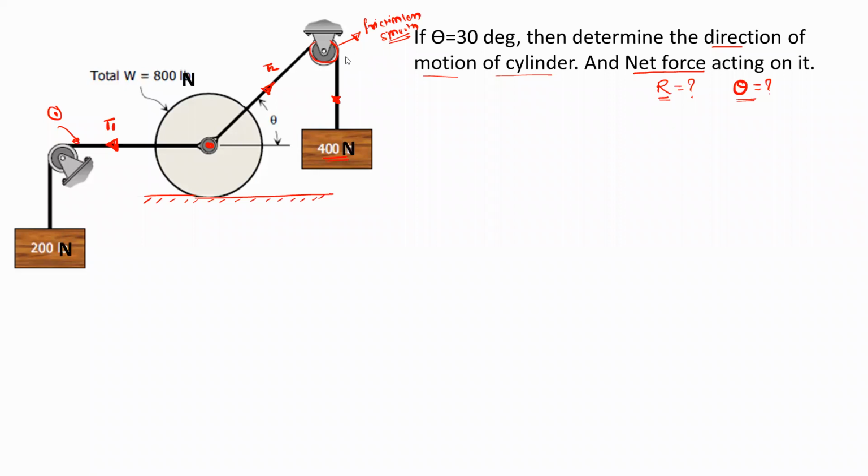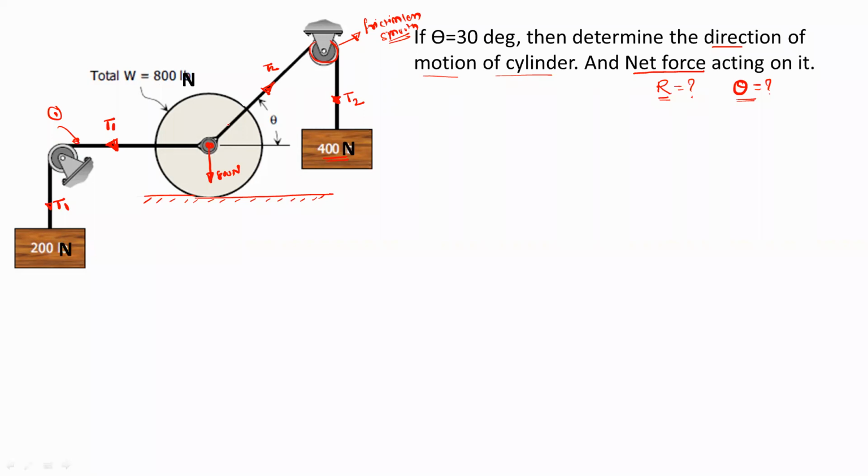If the pulley is frictionless, it will transmit the same force on the other side. So we can consider this as T2, and this is also T2, and this is T1, this is also T1. And the weight is 800 Newton. This weight force will act exactly at the center. So this is the weight force, equal to 800 Newton.